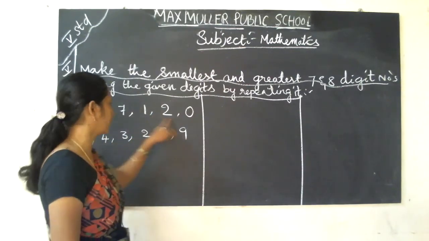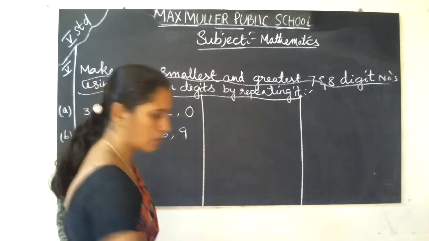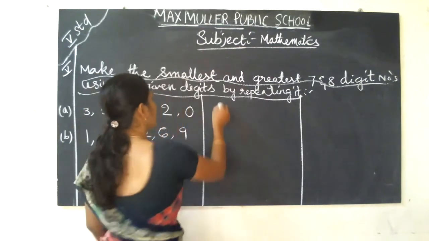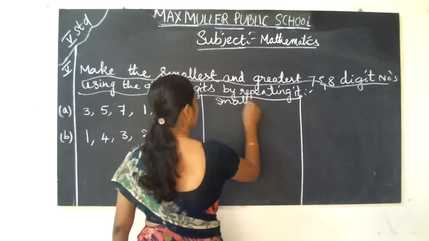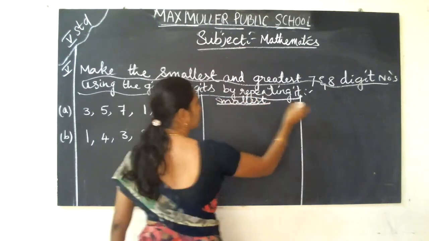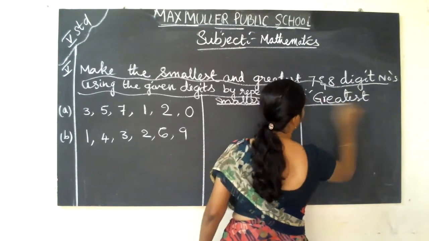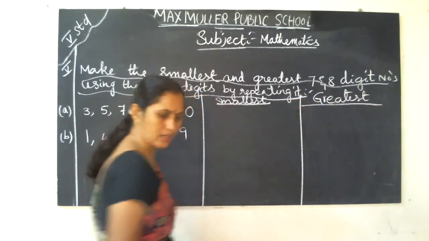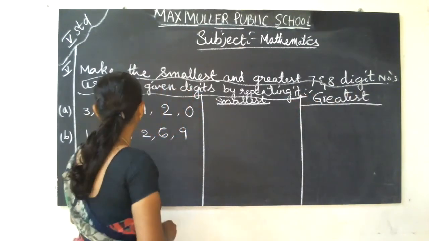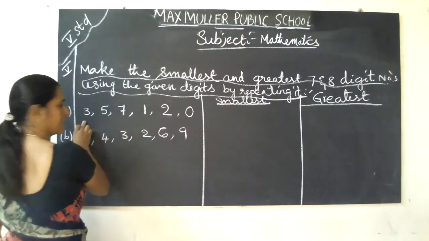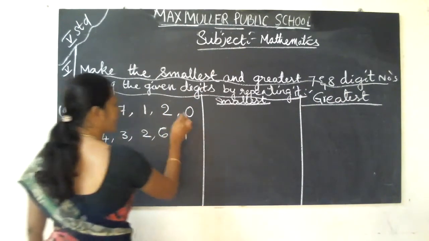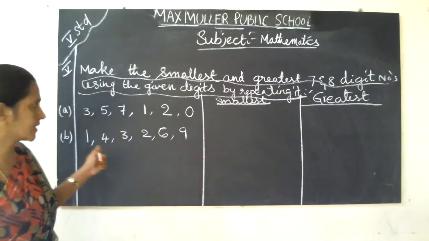Now we are going to make the smallest and greatest 7 and 8 digit numbers. Both numbers you are writing. They have given 6 digits.